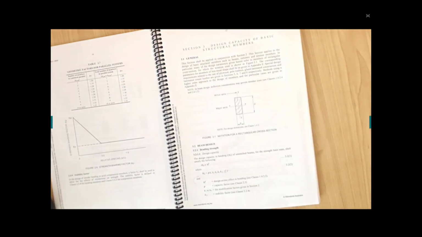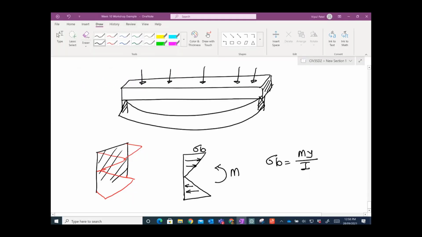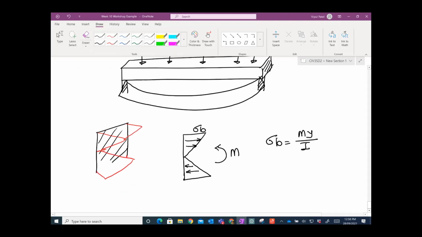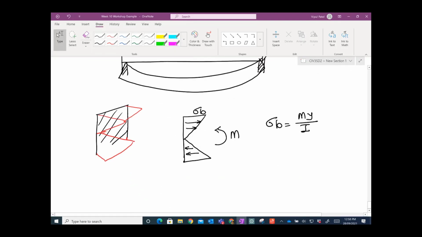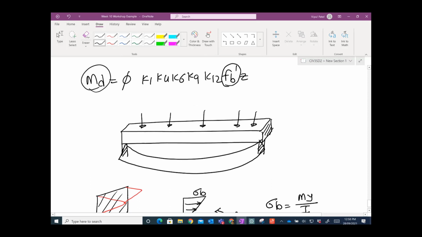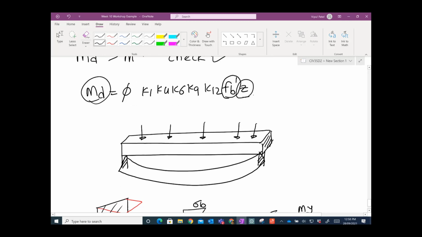So that is happening. If someone asks you to find the bending stress, yes, there is an equation in mechanics of solids, My on I. Now in our standards it's represented by FB dash, that's fine. Let's replace this bending stress by FB dash. For the moment, they talk about MD, that's fine. Now someone might say, what happened to this Z?